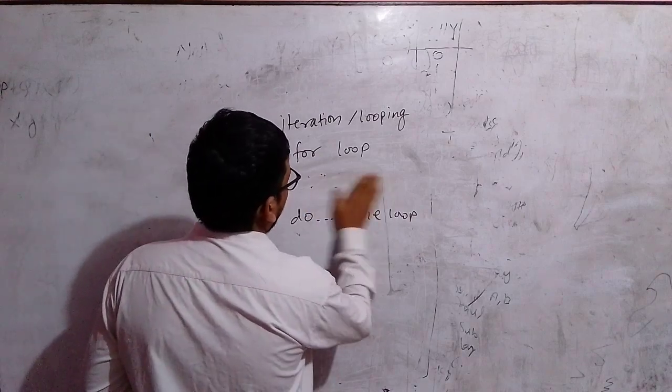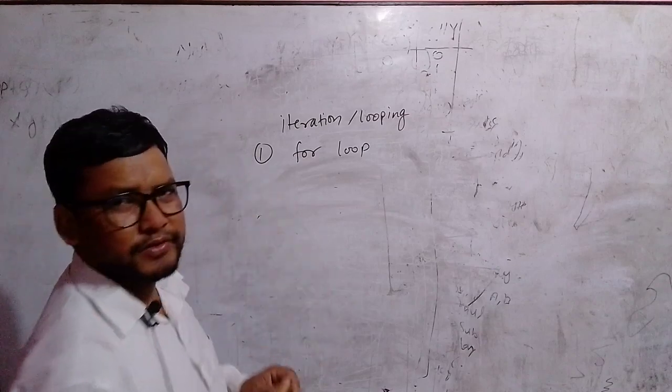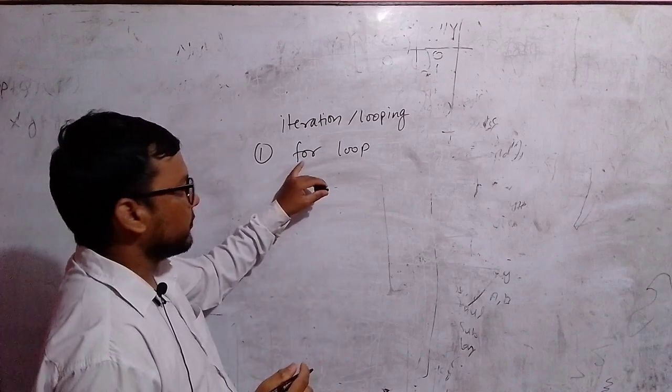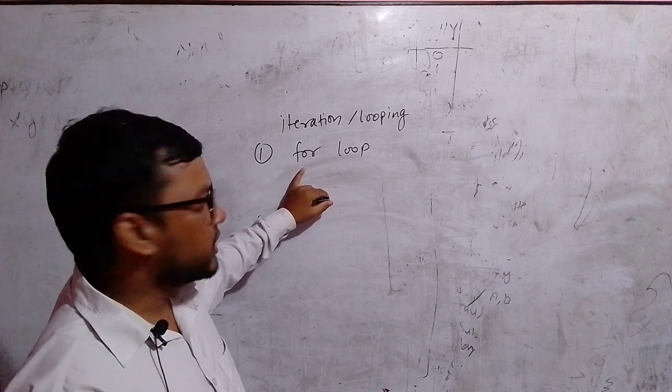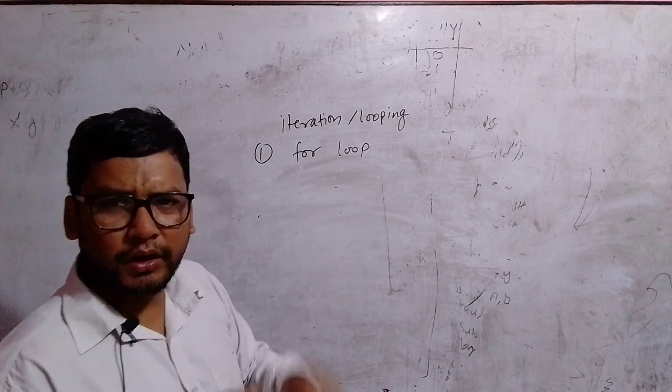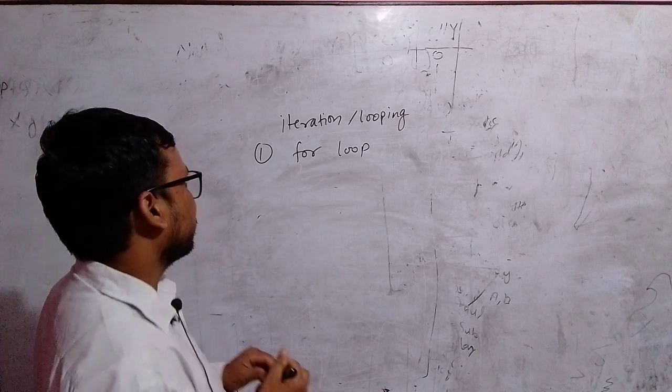Now let's look at the for loop. What is the for loop? If we use a for statement to perform the looping, to repeat certain operations, then this is called the for loop.